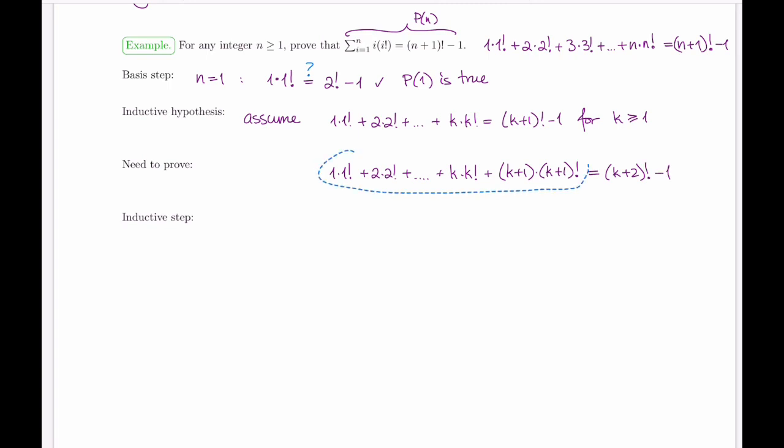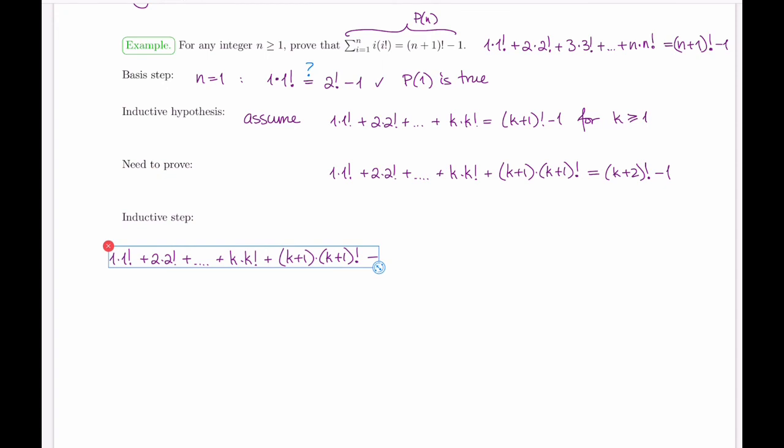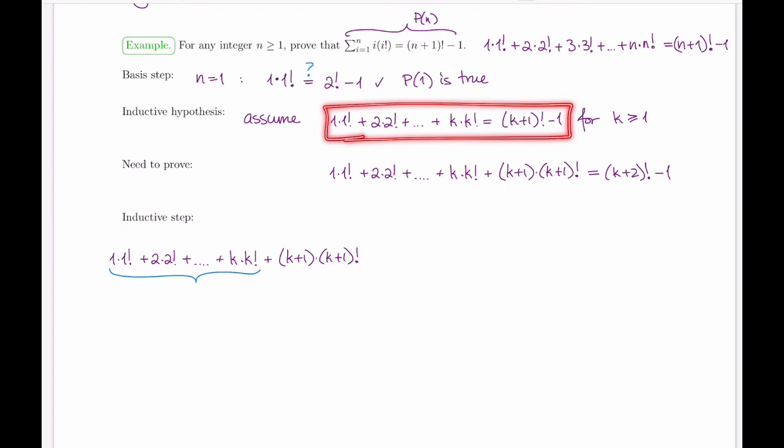Okay, and in an inductive step, we're actually going to go ahead and prove that this is the case. So I have this expression here. Not surprisingly, once again, I see that part of it is, in fact, the induction hypothesis itself. This expression is a part of the inductive hypothesis, which means I can replace it with the thing that I've supposed to be true.